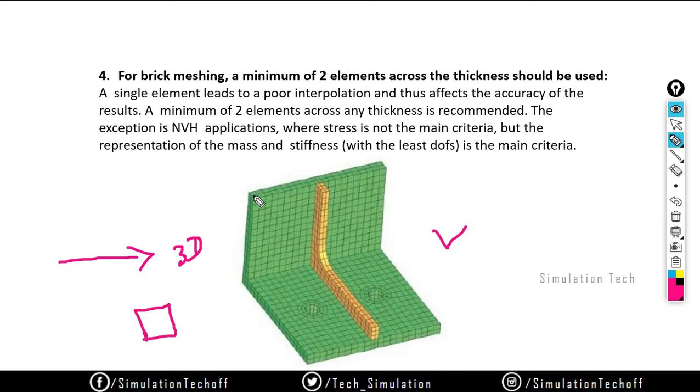So always, if you have a plate like this, try to create 2 sets of elements. If you closely notice, there are 2 sets of elements. You can go further, 4 to 5, it's up to you, but a minimum of 2 is recommended.